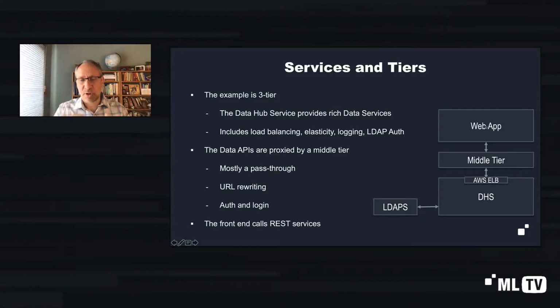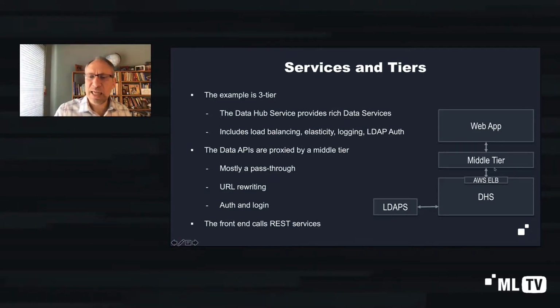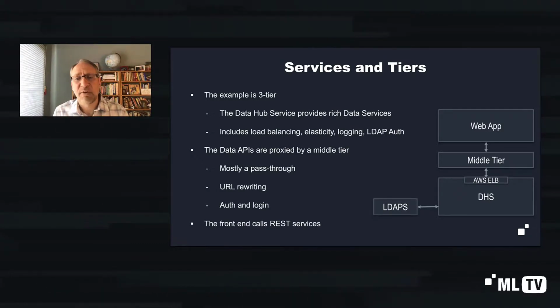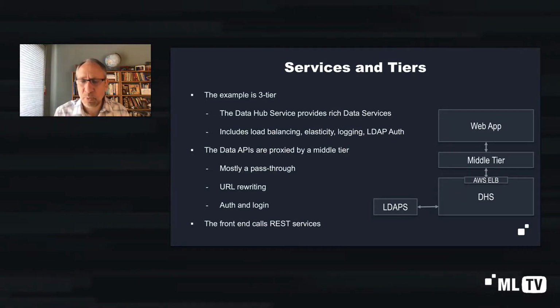It has all these buttons and search bars and so on. It's a single-page web app written with the React framework in JavaScript. That sends REST services to a middle tier, Node.js middle tier, very thin. It just handles some definition of some routes and authorization. But almost all of the real REST functions are passed through fairly directly to Data Hub service.